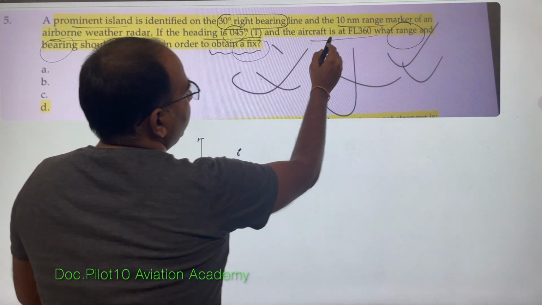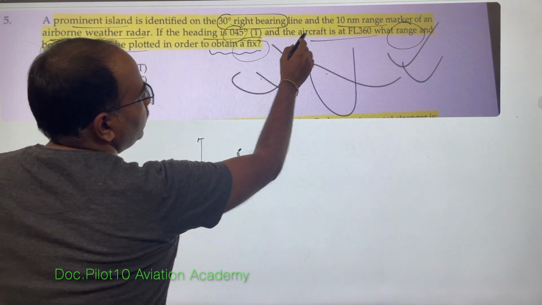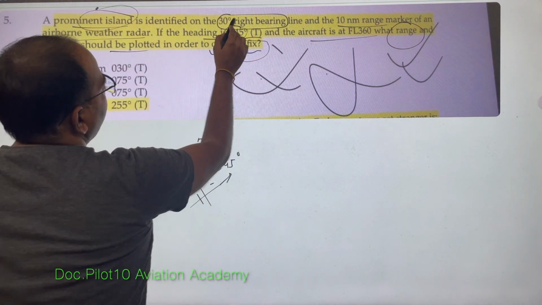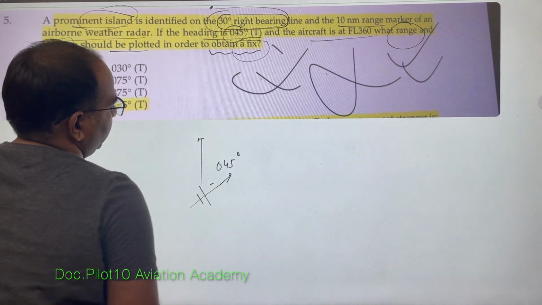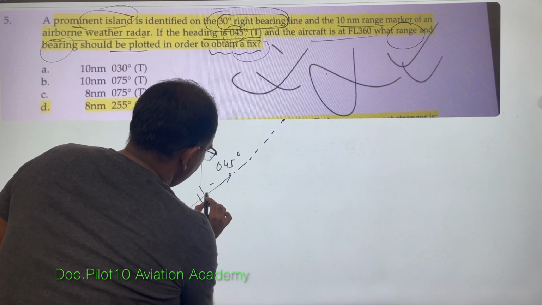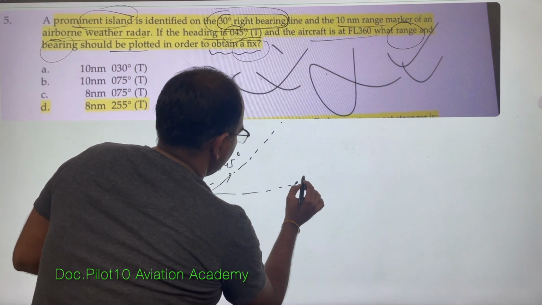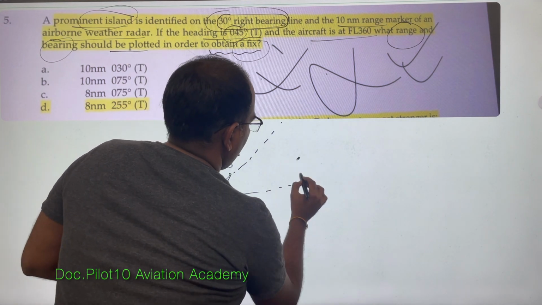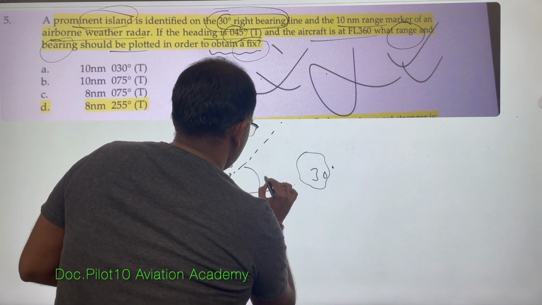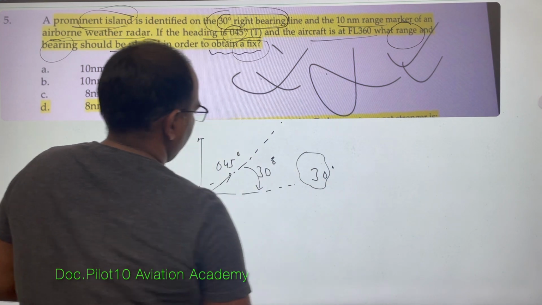The prominent island is identified on 30 degrees right bearing, correct. So to your aircraft this island is at 30 degrees, correct. This is 30 degrees. This is the island.